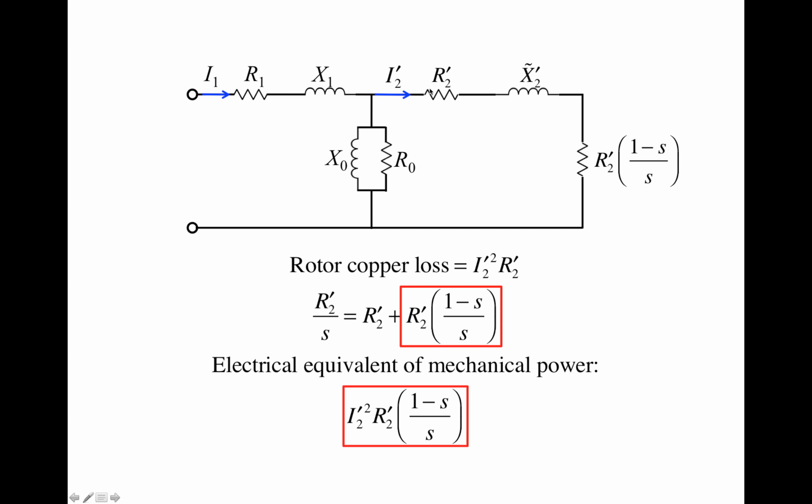This is the real resistor, the resistance of the copper wires, the wiring of the secondary. But this one is a fictitious resistor. It's not really represented by any kind of electric component on the rotor side. So what about the energy that's dissipated by this fictitious resistor?